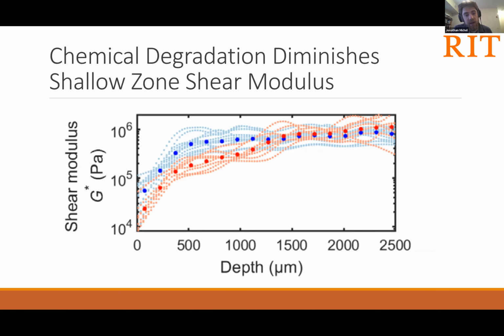When we do that, we find that whereas in the deep zone, the shear modulus is similar for healthy and degraded tissue, in the shallower portion of the tissue where this hydrogel has been eroded away, we see a significant difference between the healthy and the degraded shear modulus. So now the shallow and mid-zone portions of this degraded tissue have a much lower ability to bear an applied load.